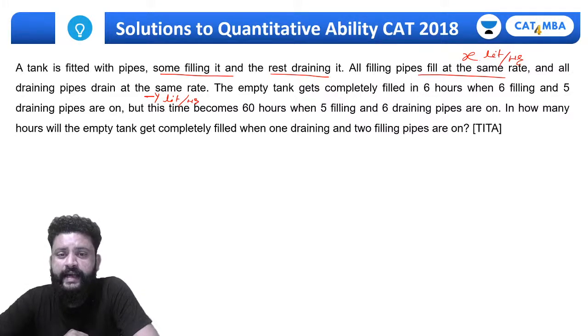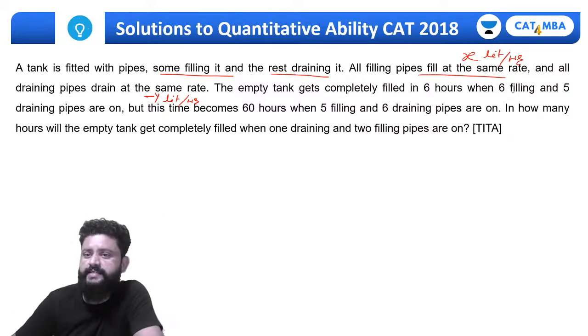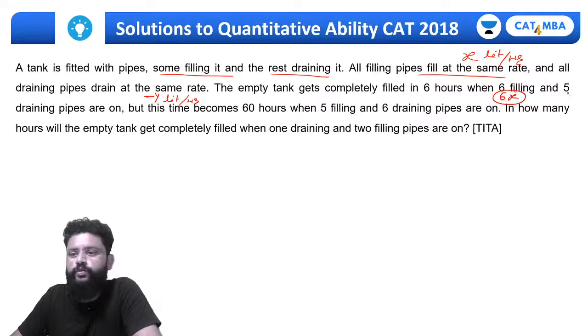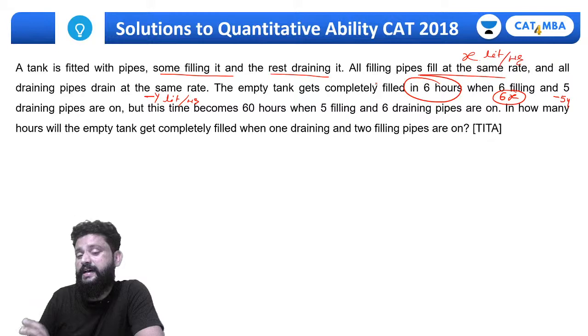Then the empty tank gets completely filled in 6 hours when 6 filling pipes, that is 6x, fill the tank per hour, and 5y drains out. So in 1 hour, at the speed of 6x minus 5y, the tank takes a total of 6 hours to fill.